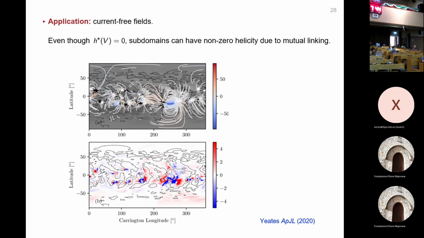So this is an example of a time on the real Sun, I think in 2014 or so, where I've extrapolated a potential magnetic field from observations of the real boundary, the solar surface. I chose this particular time because it had the most field line helicity at any time over solar cycle 24.